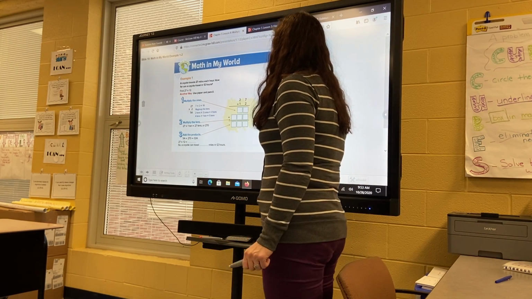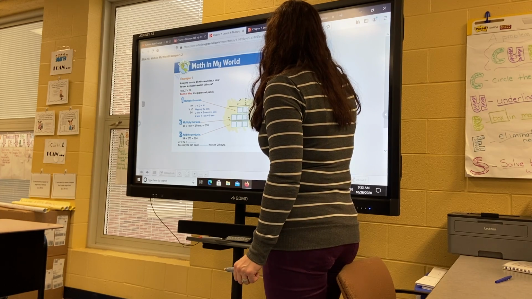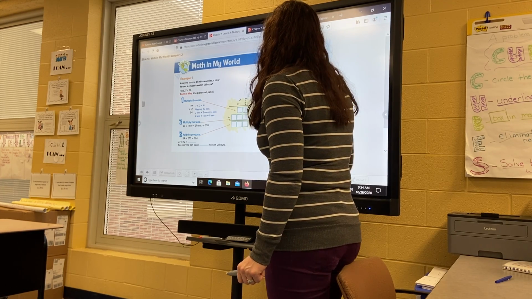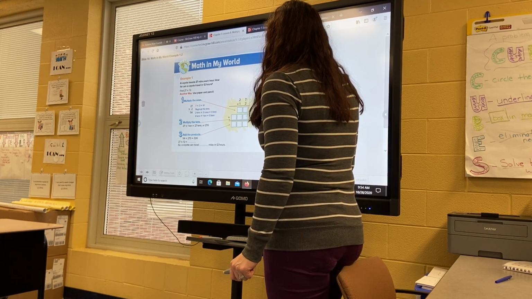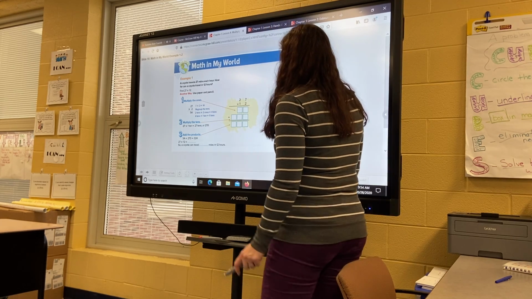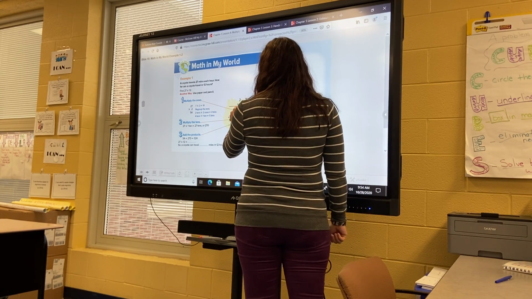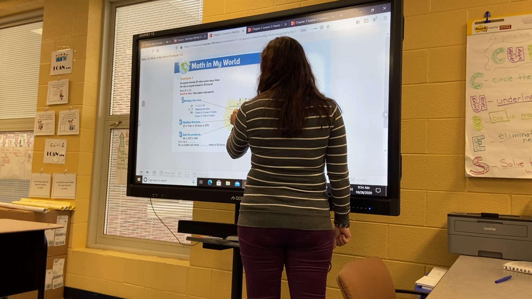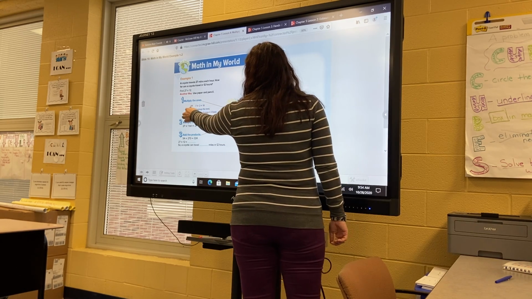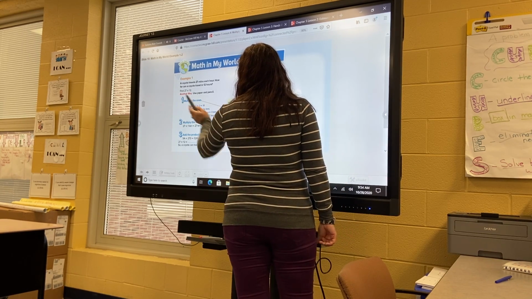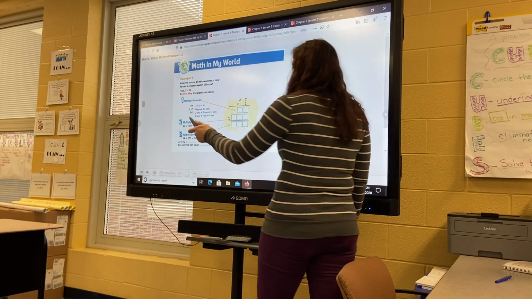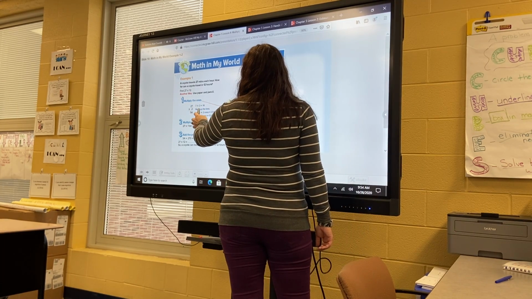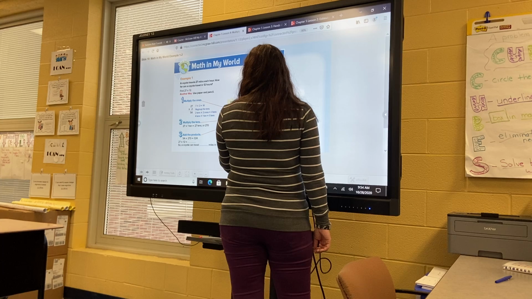Another way is to use paper and pencil. So they multiply the ones, 7 times 2. They did 27 times 2. Does everyone see that? 7 times 2 is 14, and they regroup the tens.